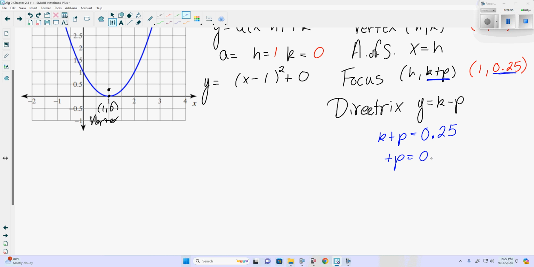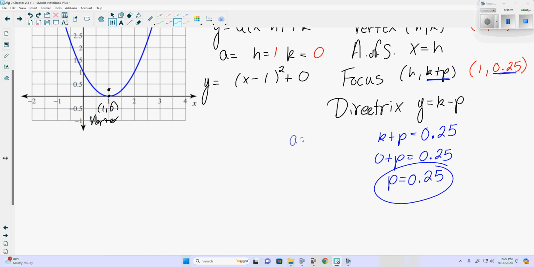Because what's our value of K? So we're saying 0 plus P is 0.25. So P is 0.25. That's why I said it's kind of nice. It just solved itself pretty much.